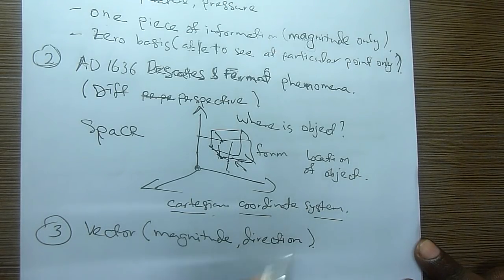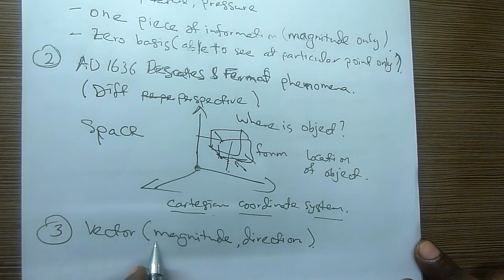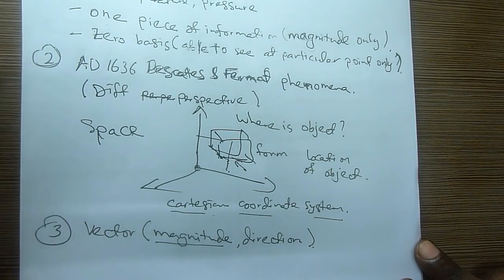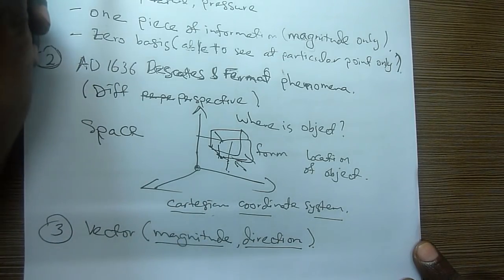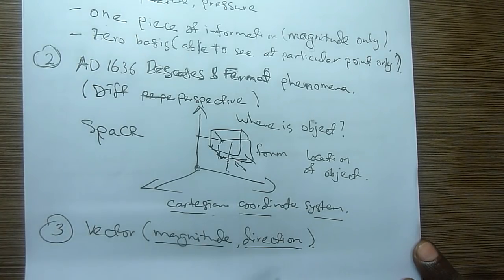This vector is able to give us the magnitude of a particular object and the direction of that object. This is one of the biggest breakthroughs, whereby we are able to acquire the detail of a particular object, but we are also able to see the direction or the movement of that object.